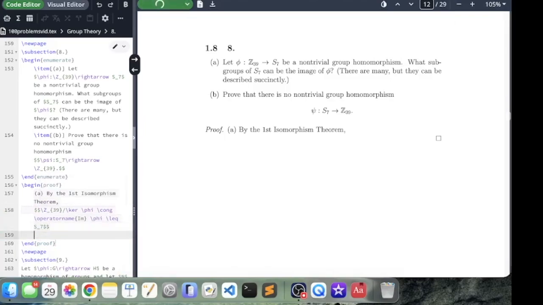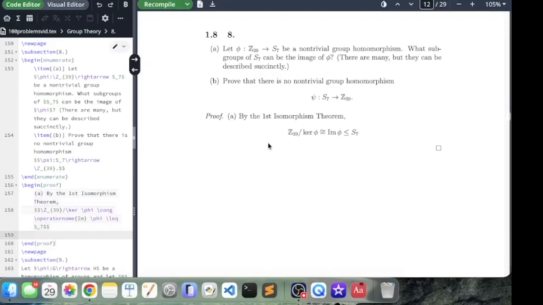So this is what we have from the first isomorphism theorem, and essentially the idea is we're going to consider orders.